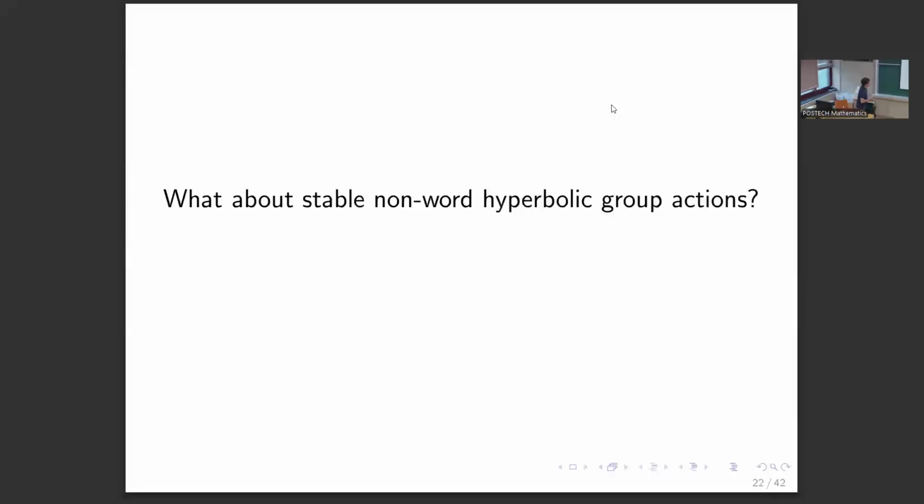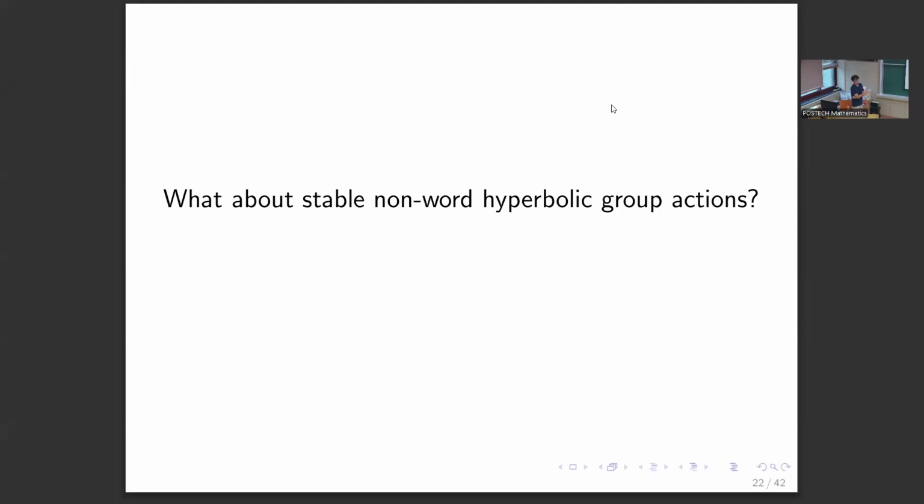Okay, so now let's move to non-hyperbolic group action. So far we first start with some word hyperbolic group and some negative sectional curvature space, right? And then we replace the negative curve geometry with non-positive curve geometry. So what's next?